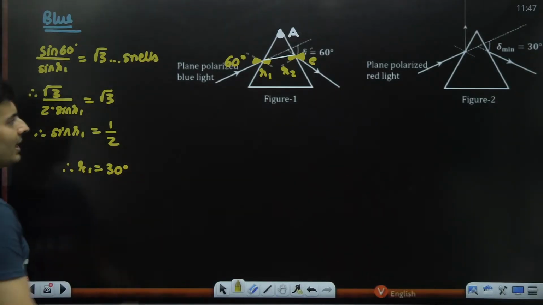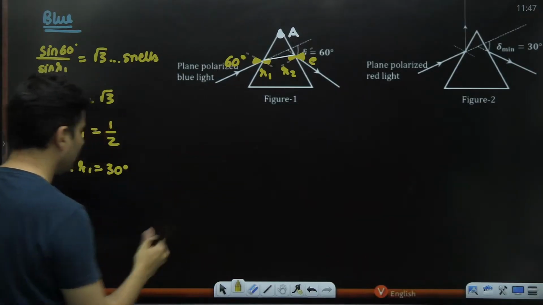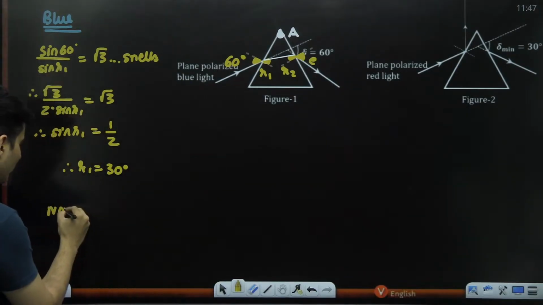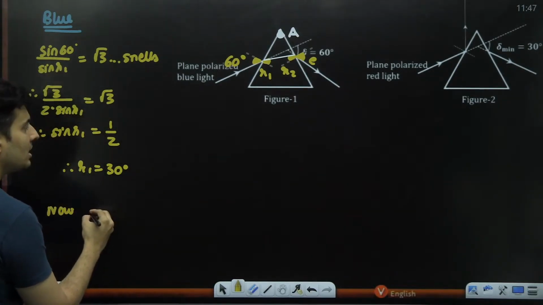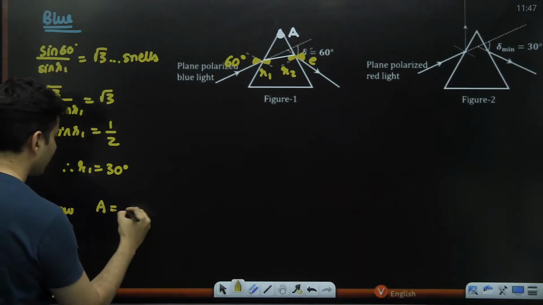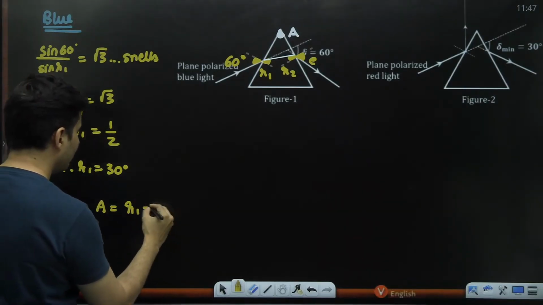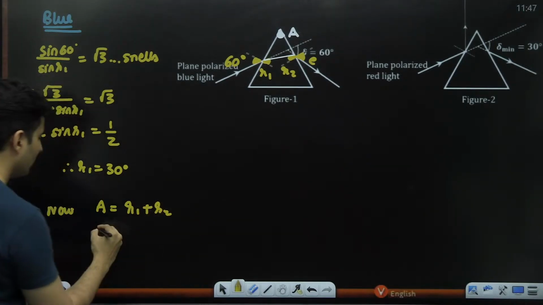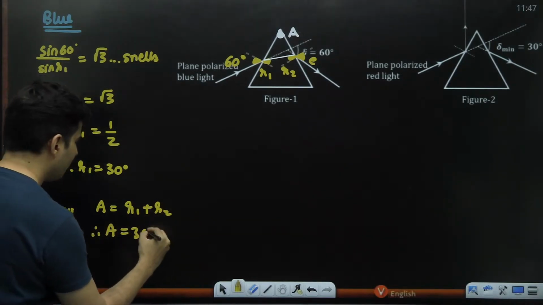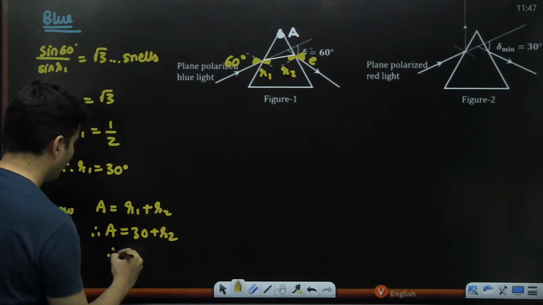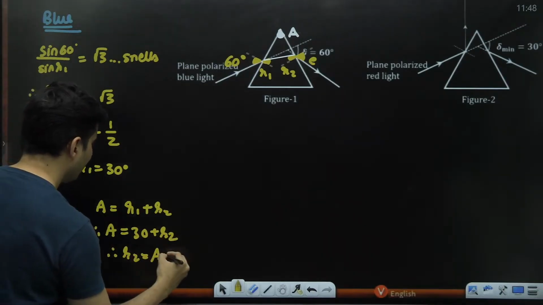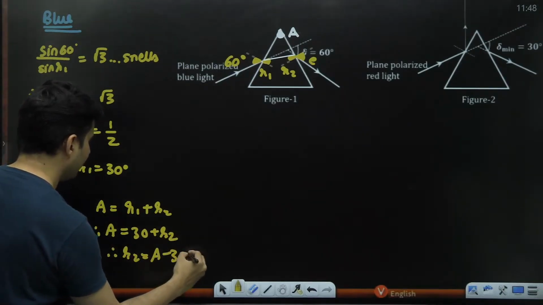Okay. If I get R1, I think I can get R2 also. Now we all know that the angle of prism is nothing but R1 plus R2. So therefore, it is 30 plus R2. Therefore, R2 will be nothing but A minus 30 degrees.